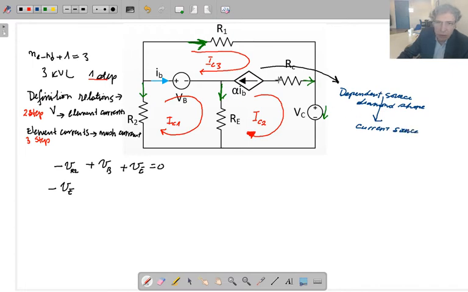Why is it a dependent current source? Because current reference is given. And this current depends on another current, which is this current. So if you're going to write the definition relation of this one, it's going to be like that. I current controlled current source current is equal to alpha times IB.